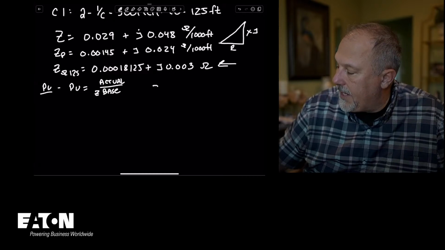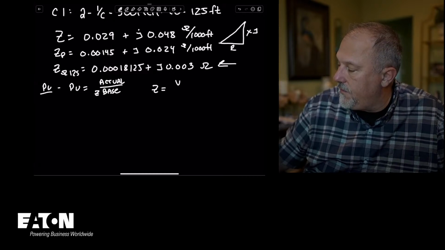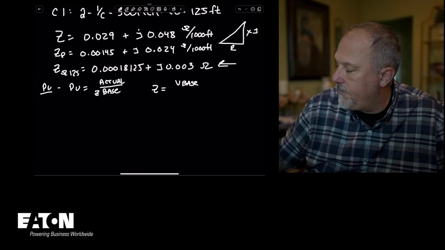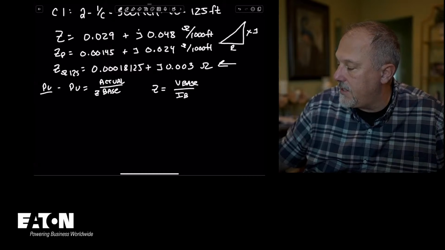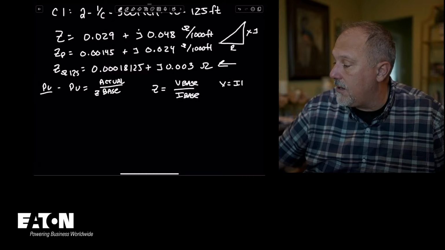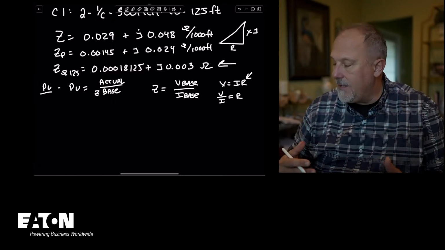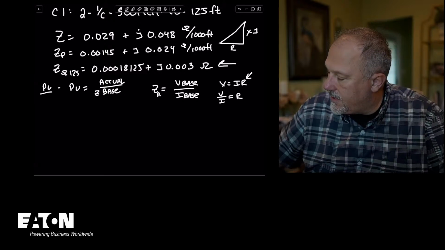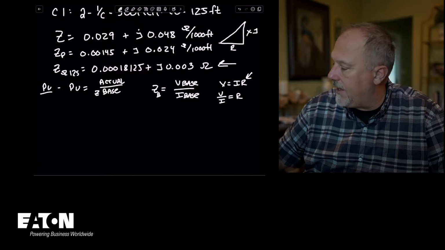So Z base, Z is equal to V base divided by I base. How do I know that? Because I know V is equal to IR. And if that's what I'm looking for, V over I equals R. So Z base equals V base over I base.